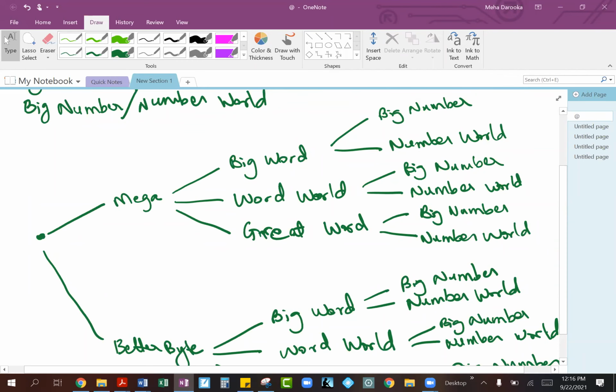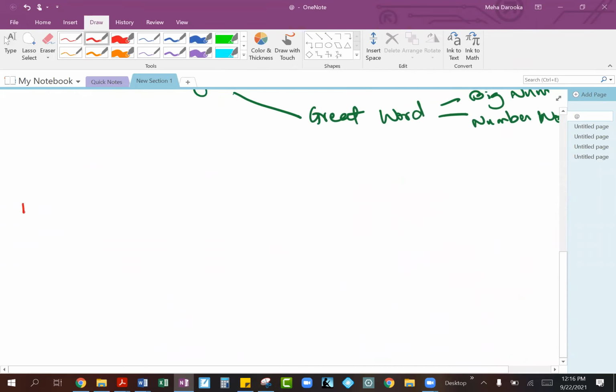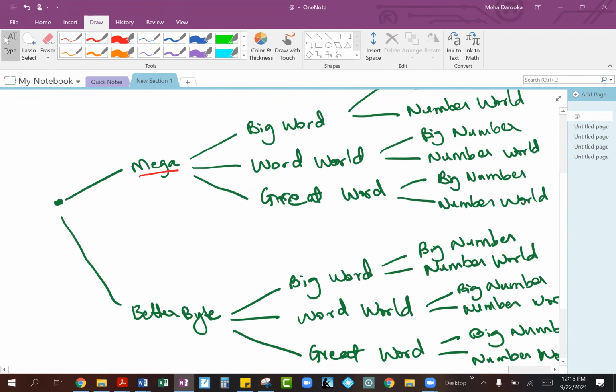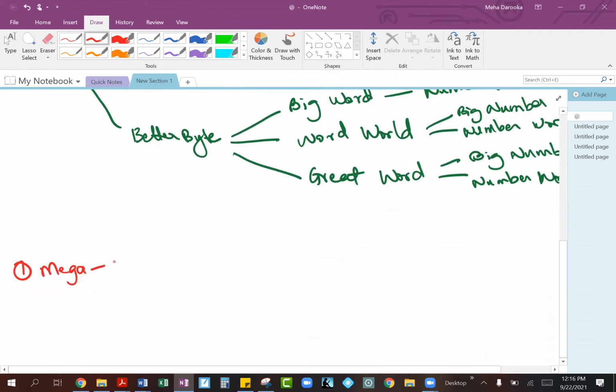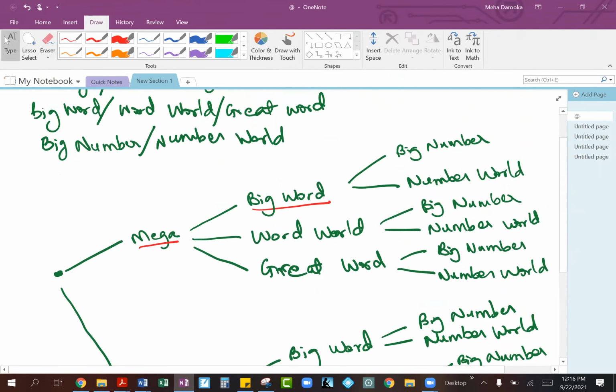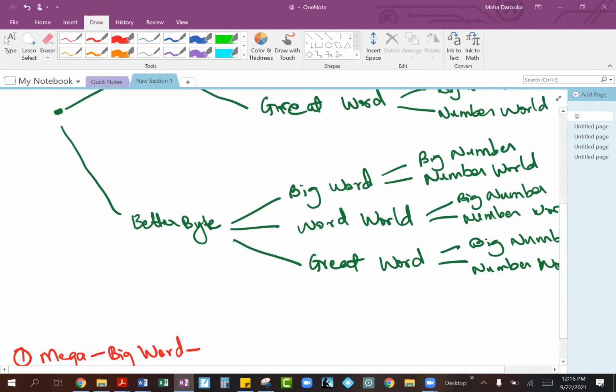So if you look at the different combinations that we can come up with, start with your Mega computer. So that would be your first possibility, is Mega. And then that would be going with the first software. So that's Big Word. And then going with the first spreadsheet program, which is Big Number.